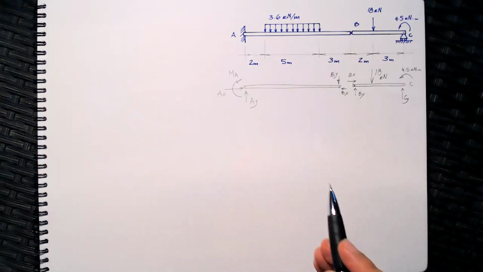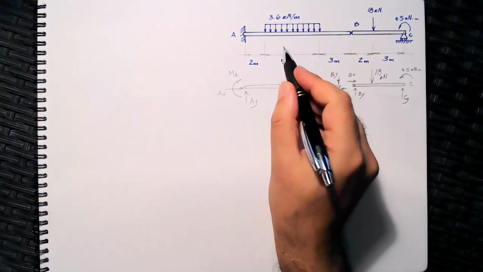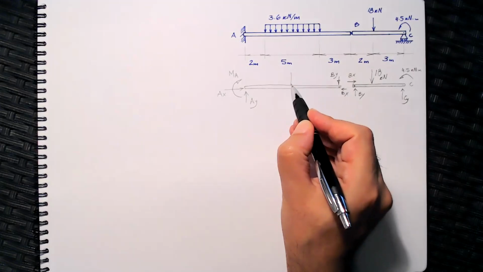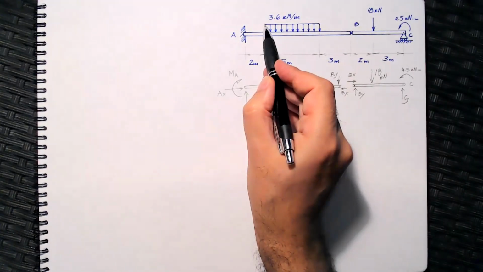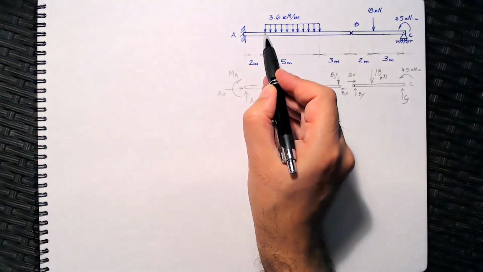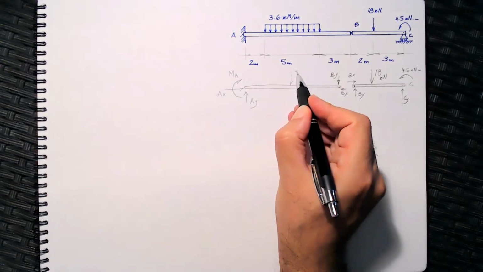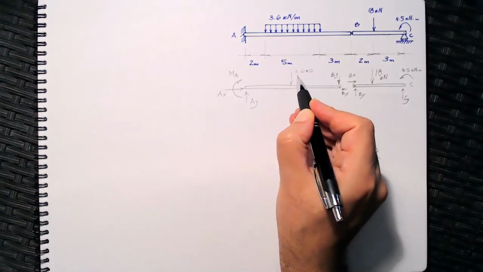I'm not sure how much these forces are, so I will have to calculate them from the equilibrium equations. Now, I'm going to replace the distributed load with a point load. And by now we know the rule. It's the magnitude of the distributed load multiplied by the length of the distributed load. So this will leave us with 3.6 multiplied by 5.